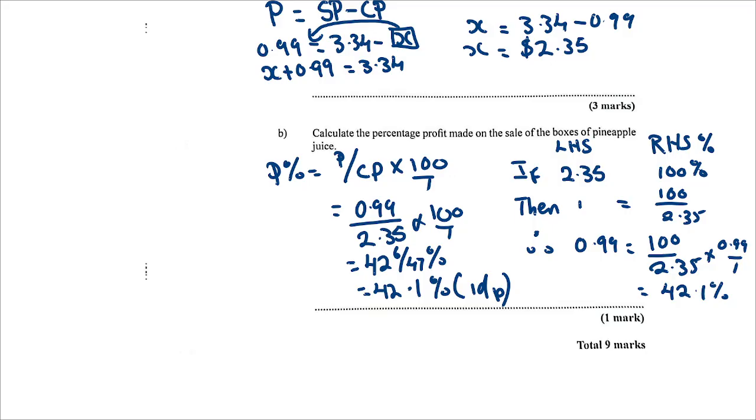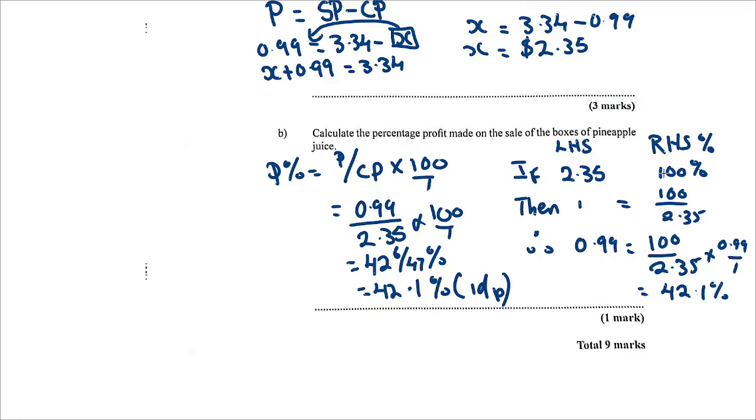If you are not comfortable with formulas, you can always just use your if, then, therefore method. When you're using that method, you do need to realize that the left hand side, right hand side is what you're trying to find out. Your then line is always to find for 1, which is your right hand side divided by your left hand side.